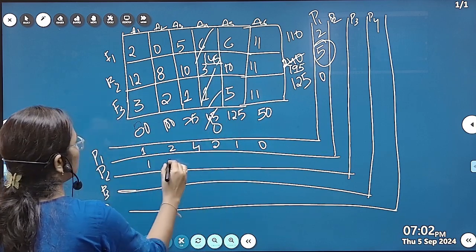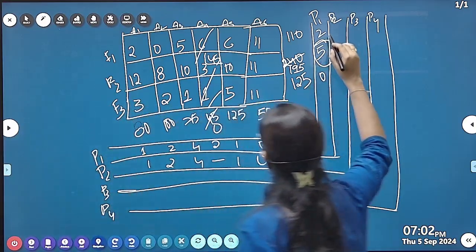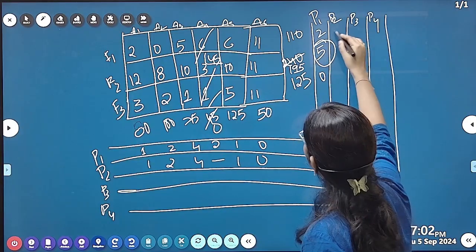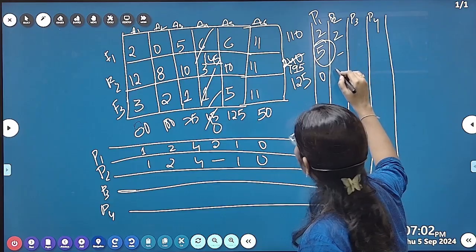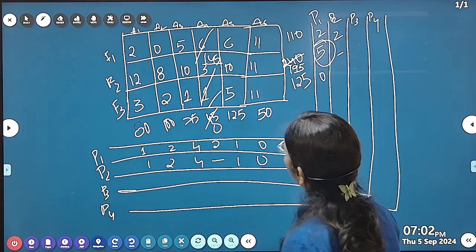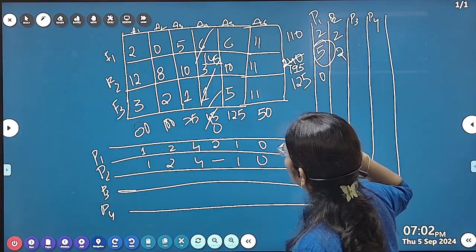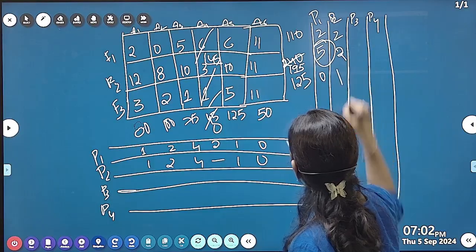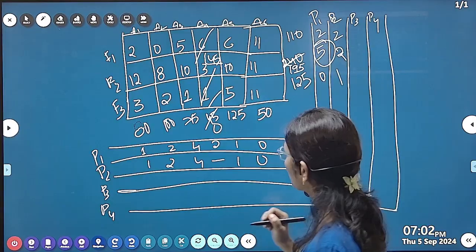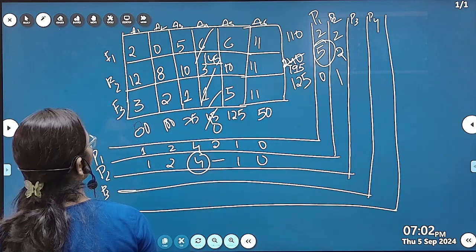So 45 becomes 0, cancel. So next do 1, 2, 4, same, 1, 0, and here 2 only, here nothing, sorry, here it will come, right. So 8 minus 10, 2, and 3 minus 2 minus 1, 1. So here the highest number will be 4.